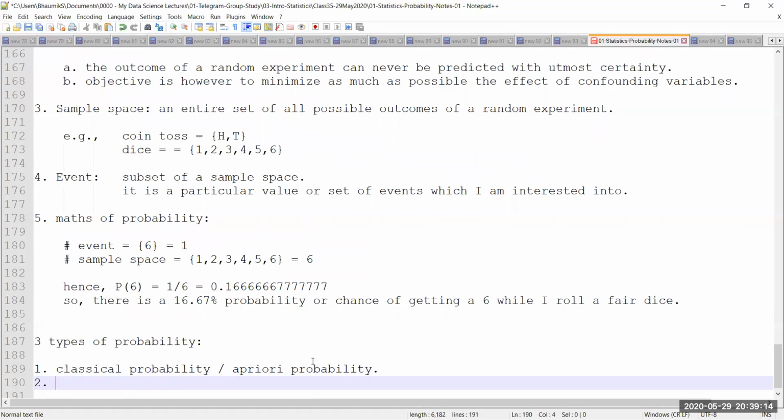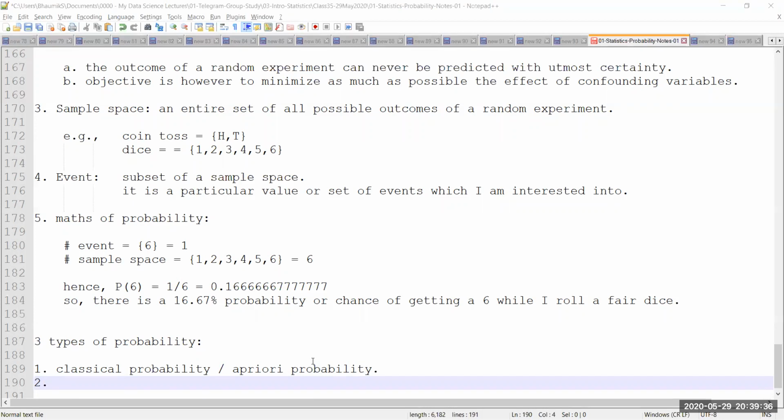So basis the test, this probability is known as a priori or classical probability. This is, as I said, seldom used in the industry. In industry, almost nobody uses it. It's only for some of the impractical or testing kind of purposes. So research, yes, but not for any practical uses.